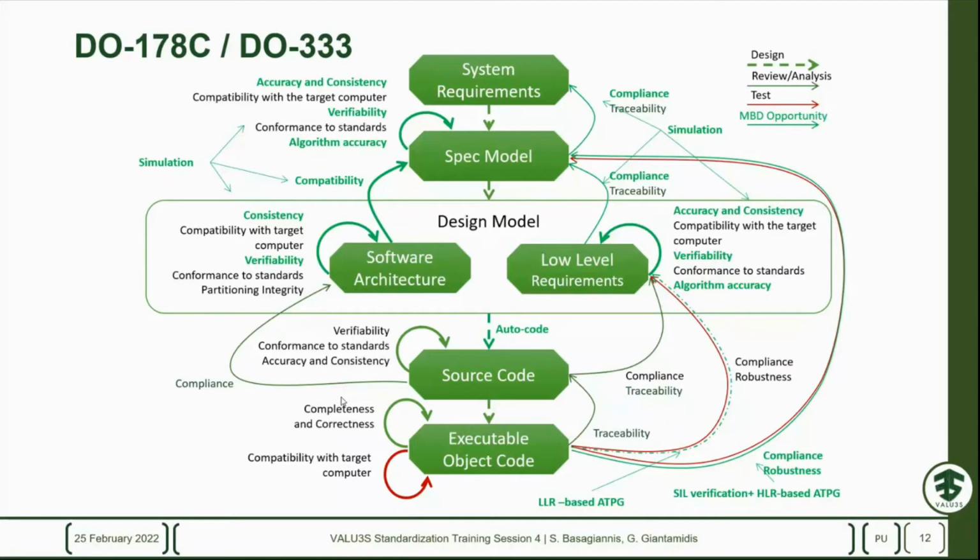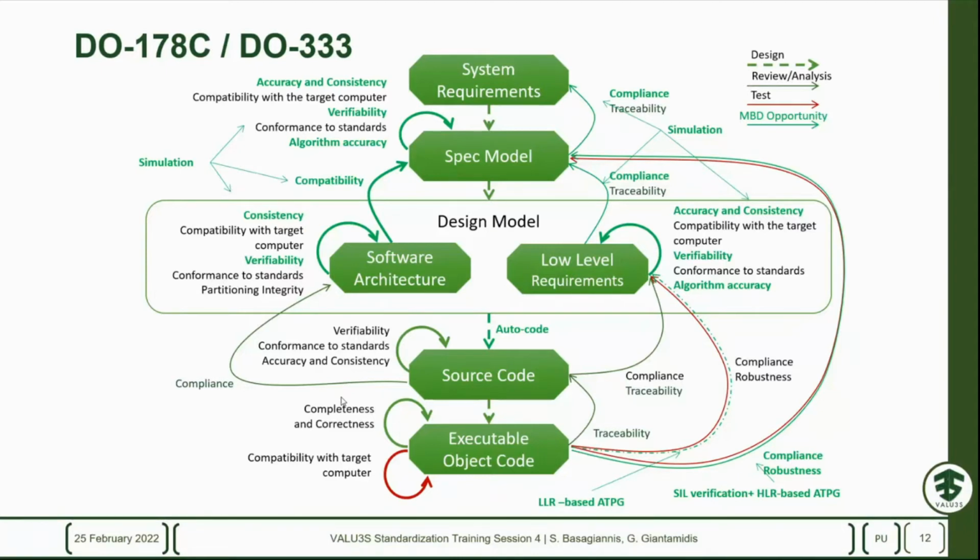So starting from traceability, compliance with the system requirements, we develop a specification model that leads to our overall design model from a software perspective. Those models will consist of the software architecture and the low-level requirements.